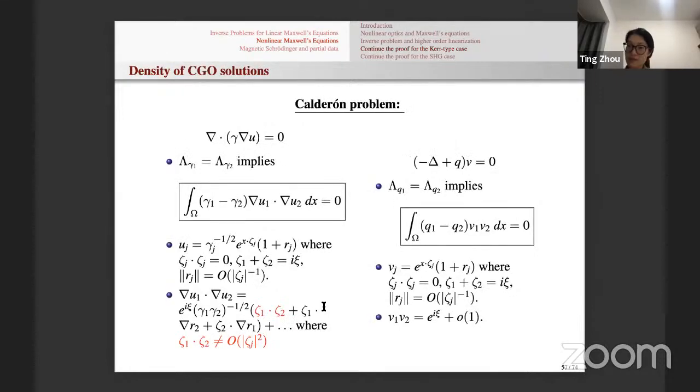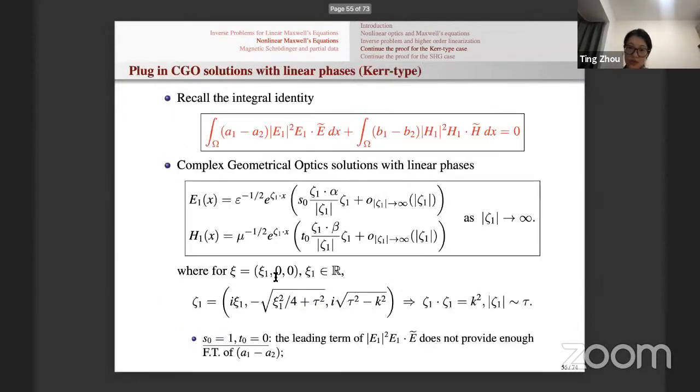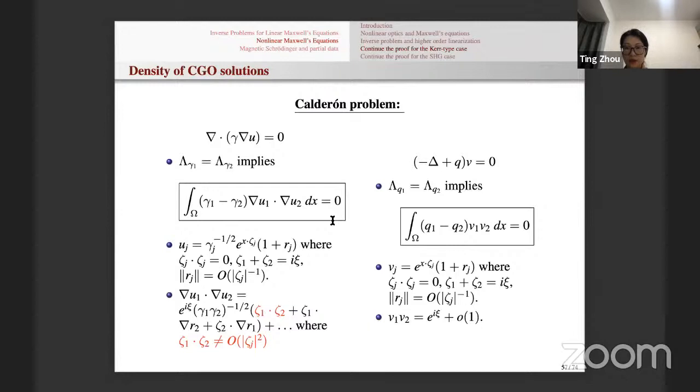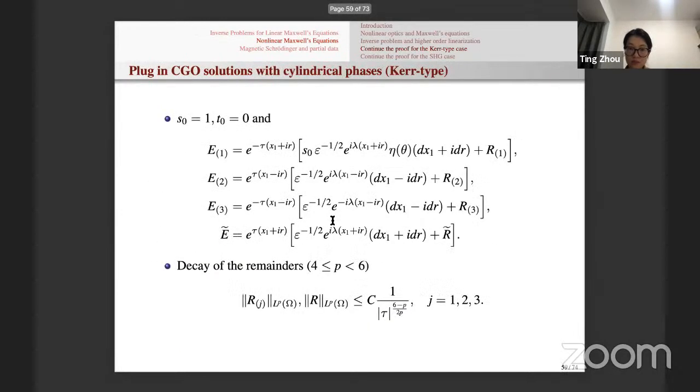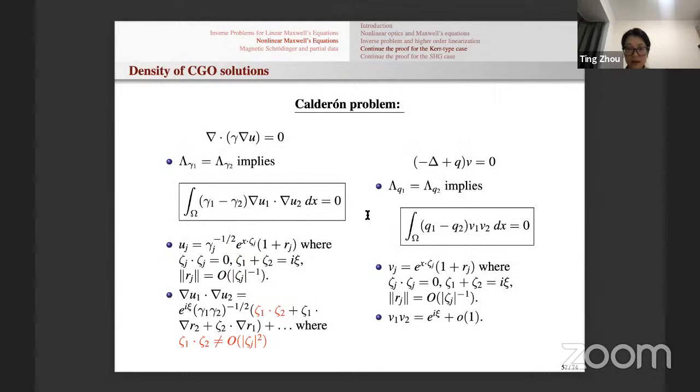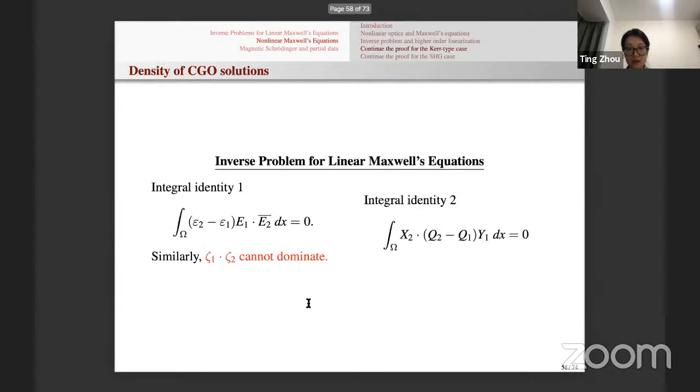However, we still have issues using these kinds of CGO solutions for the Kerr type. Let me come back to this problem, but before doing that, I wanted to explain a little bit why that could fail when you try to plug in the linear phase case.